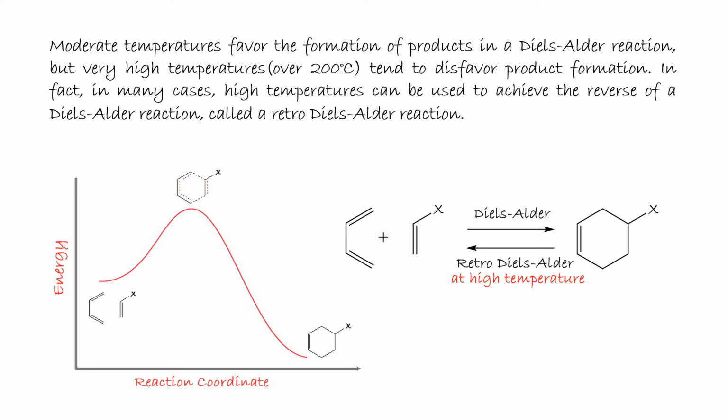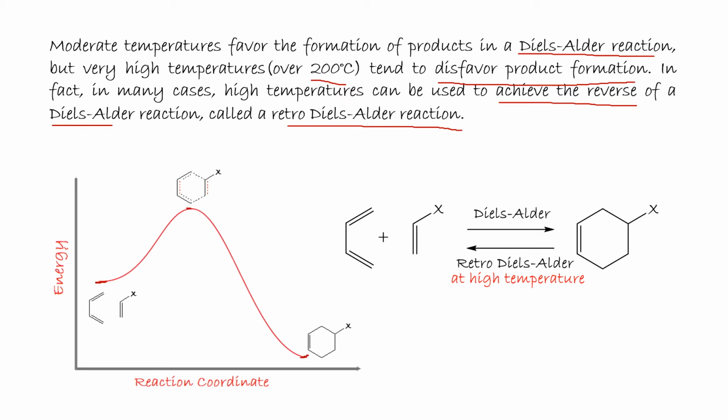Moderate temperature favors the formation of products in the Diels-Alder reaction, but very high temperature, over 200 degrees Celsius, tends to disfavor the product formation. In fact, in many cases, high temperature can be used to achieve reverse Diels-Alder. We call it the retro Diels-Alder reaction. So we have starting material, diene and dienophile. We get a transition state, as you can see, neutral. Then we get a product.